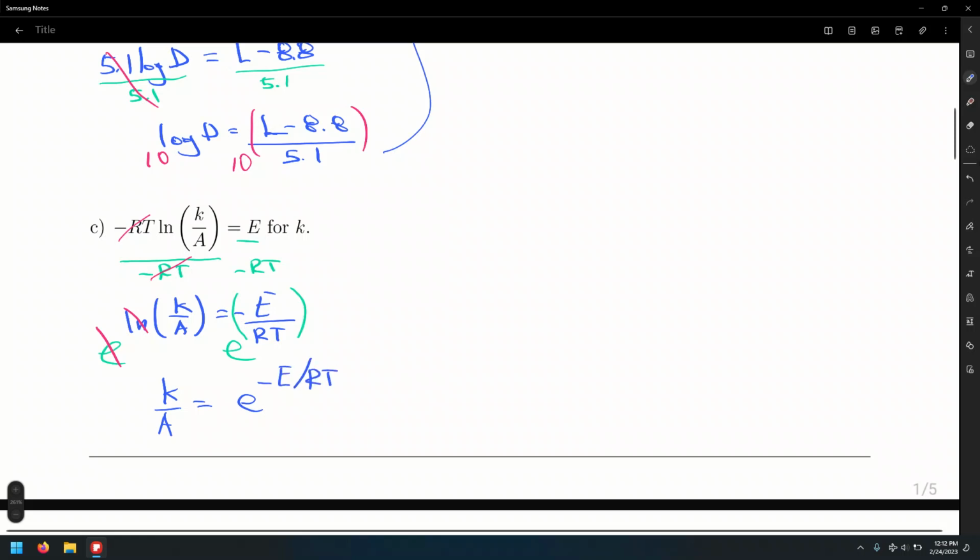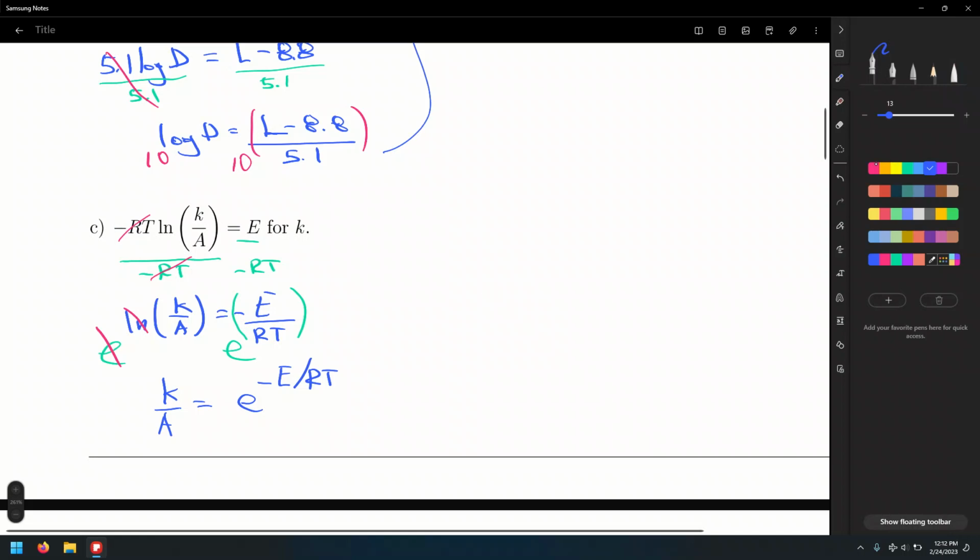So we can express it like a diagonal division to make it shorter and easier to write and read when we write these exponentials. And we're essentially one step away from getting K by itself, and that's we multiply by A on both sides.